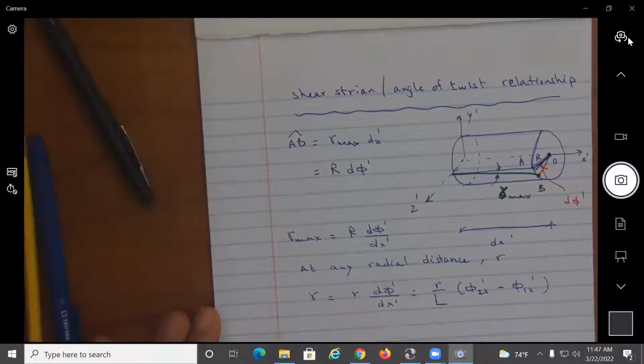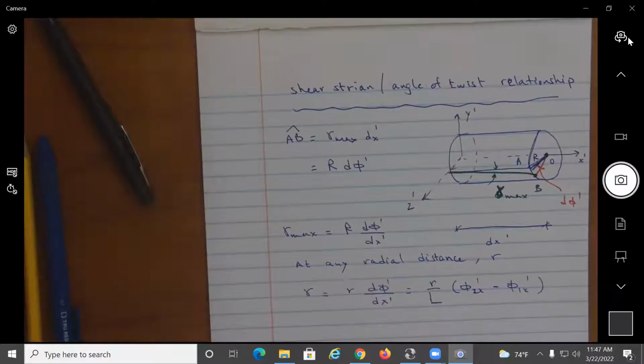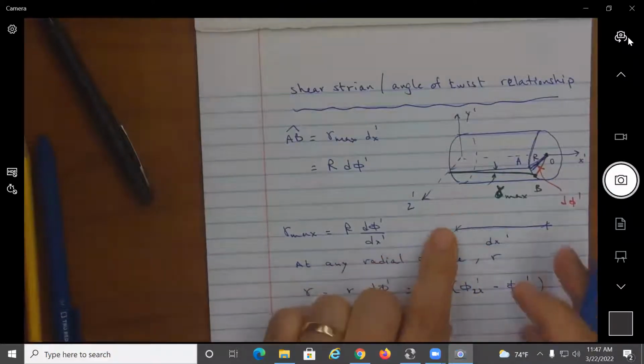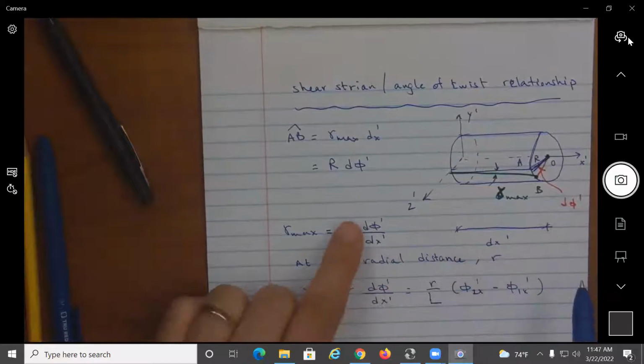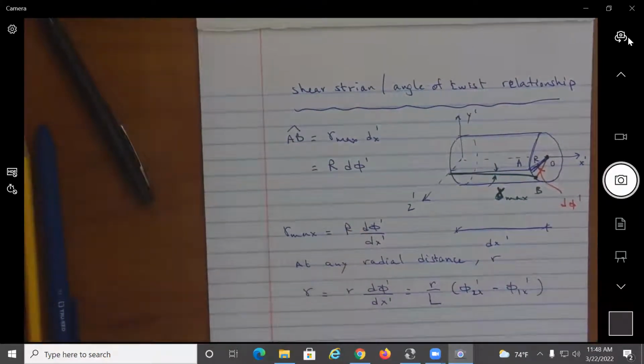So you're holding one side fixed and then you put a torque on the other side. Good observation. That's why if you want to find the angle phi, you would subtract them from each other. Here, of course, this is a dx prime, but if I wanted d phi prime by dx prime over a length L, I did like when we did elongation.